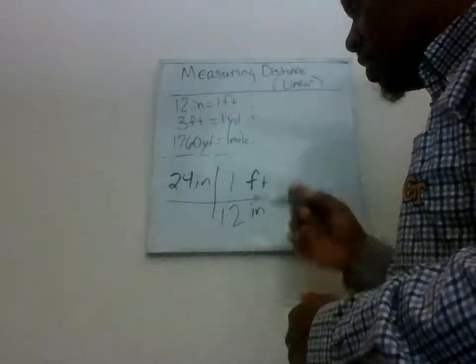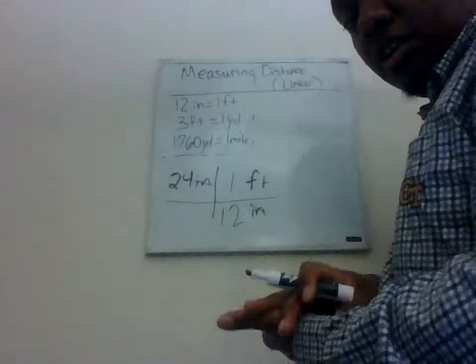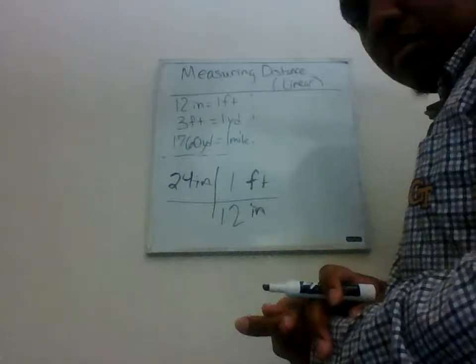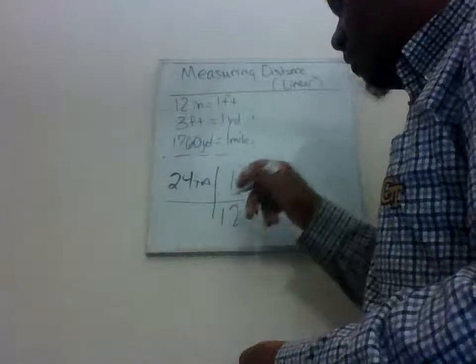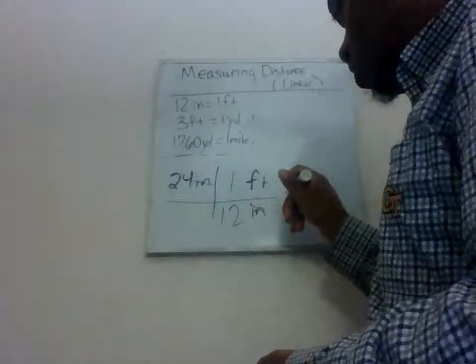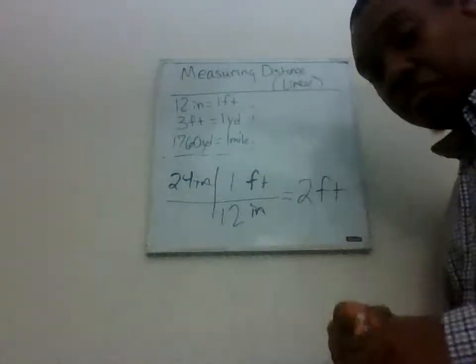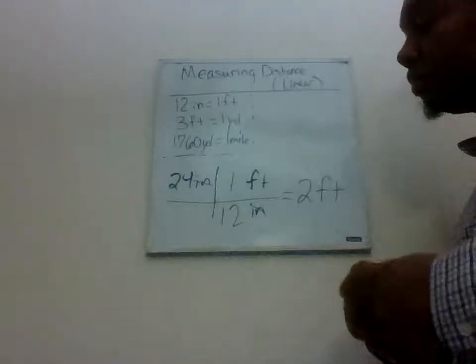So if we look at it this way, we can see that inches will divide out inches and go away. So the only unit of measurement left will be feet. So then if we multiply and then divide, 24 times 1 would give us 24 divided by 12. We would end up with 2 feet. That's quite simple.